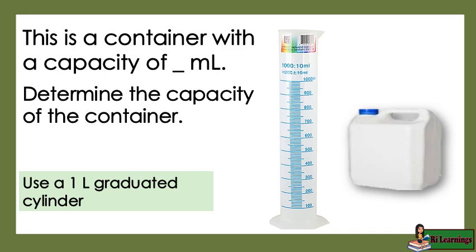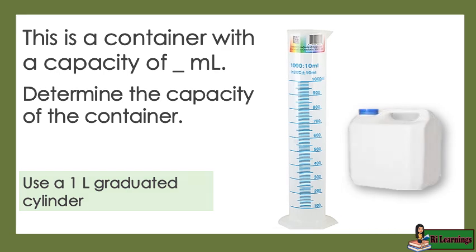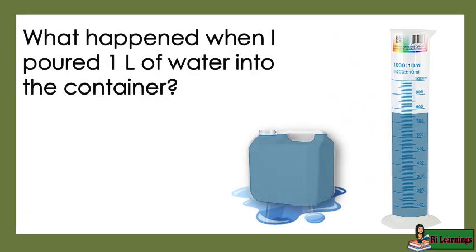This is a container with a capacity of blank ml. Determine the capacity of the container. Use a 1 liter graduated cylinder. What happened when I poured 1 liter of water into the container?